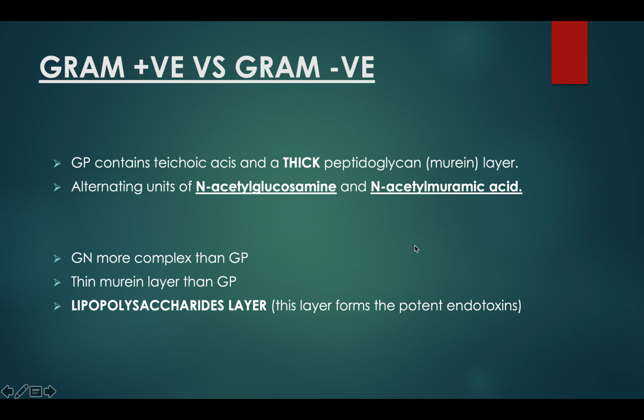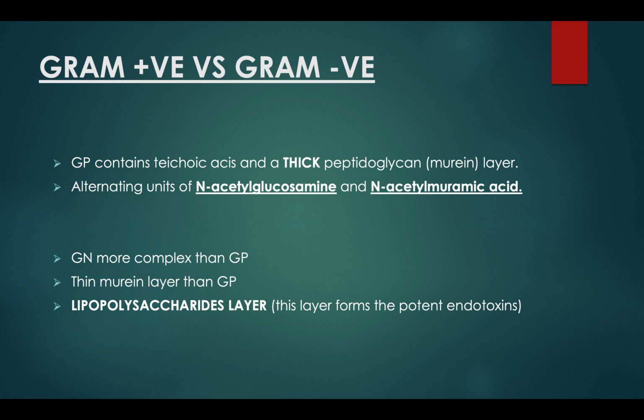This can sometimes be tested on, like what is the layer made up of. It's made up of alternating units of N-acetyl glucosamine and N-acetyl muramic acid. You should probably remember these two names, N-acetyl glucosamine and N-acetyl muramic acid.